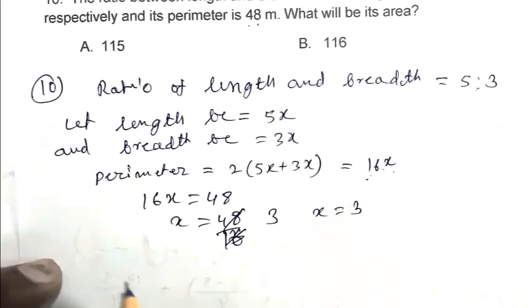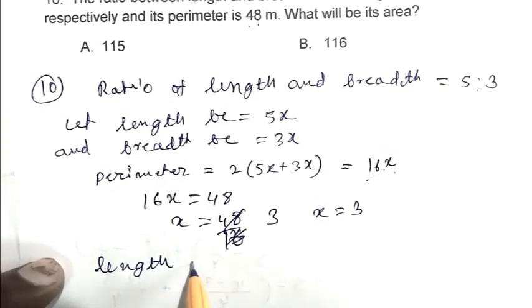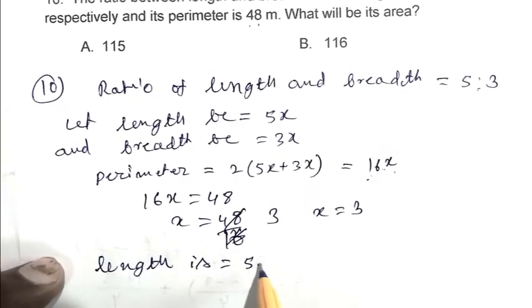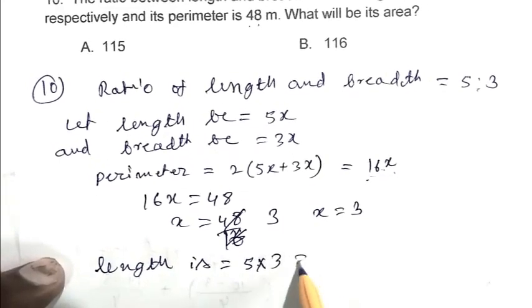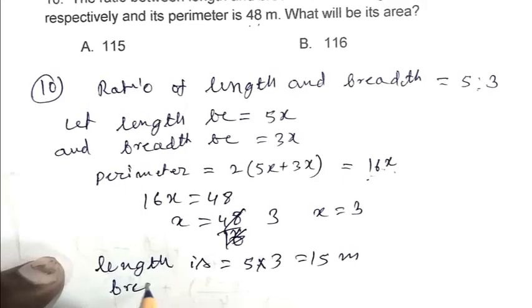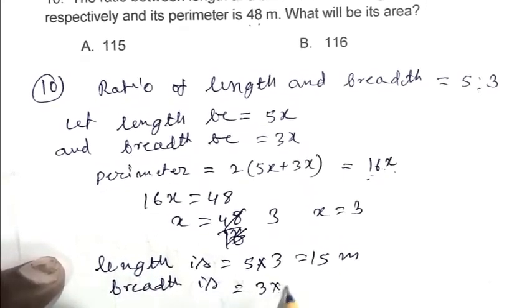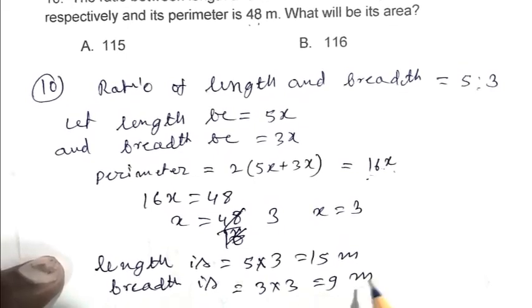So x equals 3. So length is 5 into 3, that is 15 meters, and breadth is 3 into 3, that is 9 meters.